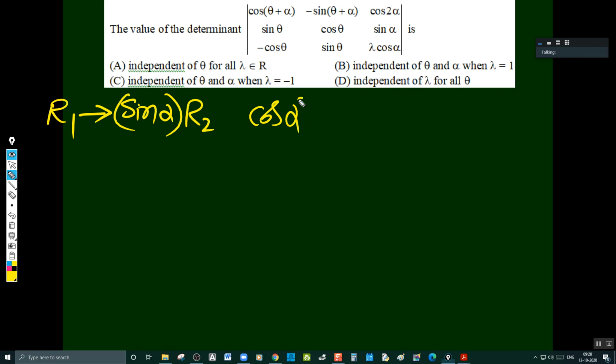I want to make this 0, then cos theta cos alpha minus cos theta cos alpha. That means you have to add it. Plus sin theta sin alpha minus sin alpha. That becomes 0. That's correct. Now, let us do that. Anyone, please?